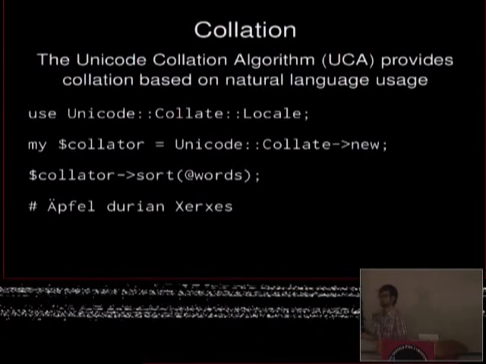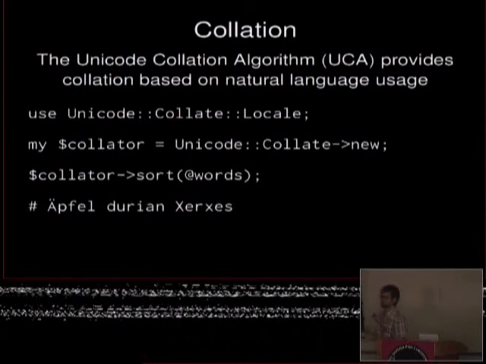So anyway, if you use the Unicode Collate module, instantiate your collator, it provides a variety of methods based on the Perl core functions, but we'll use the Unicode collation algorithm.